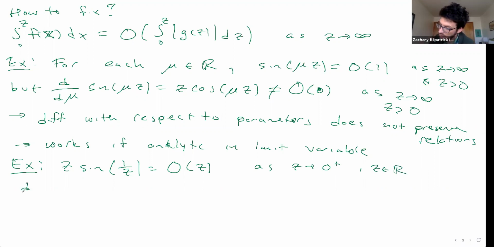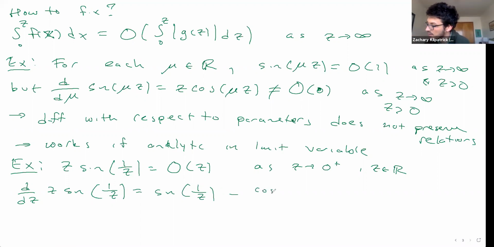Now, if we differentiate with respect to z itself, what do we get? We get sine of 1 over z, which is going to wildly oscillate, and now we have cosine of 1 over z divided by z.